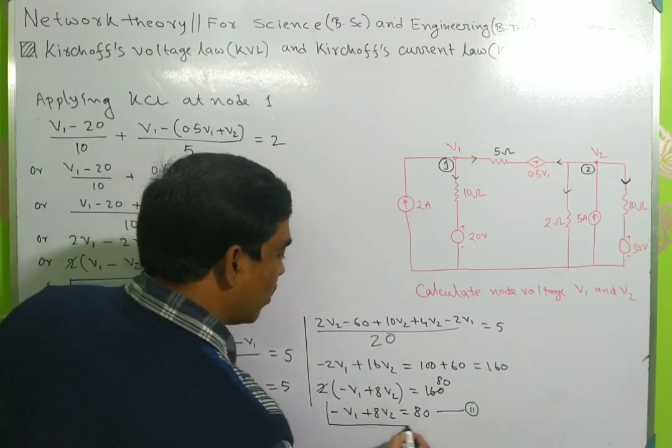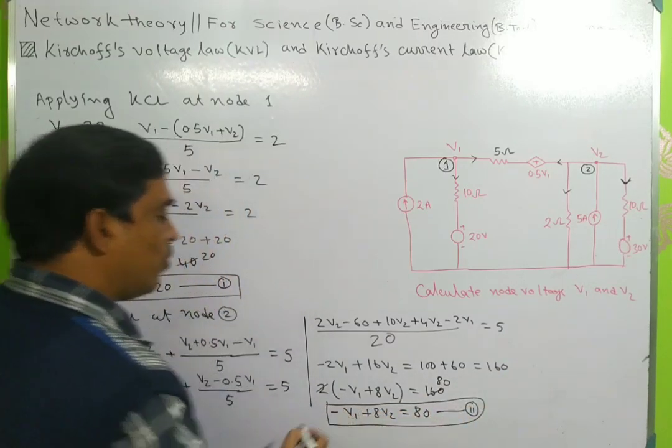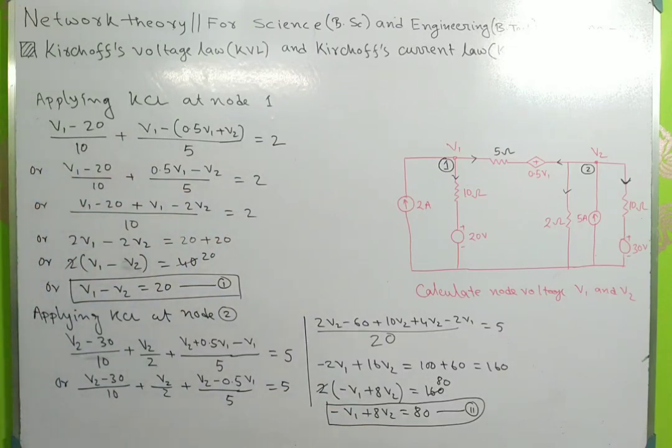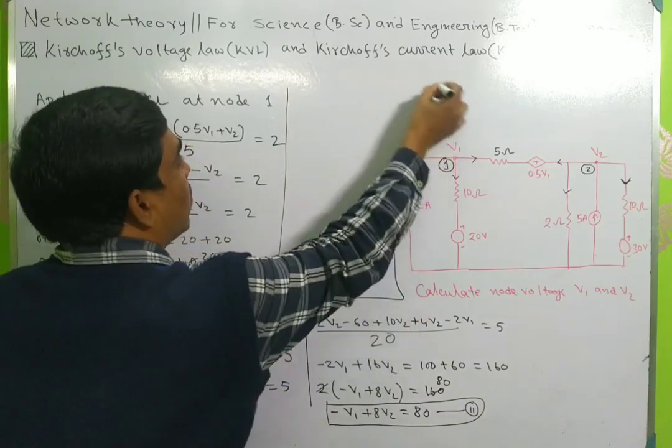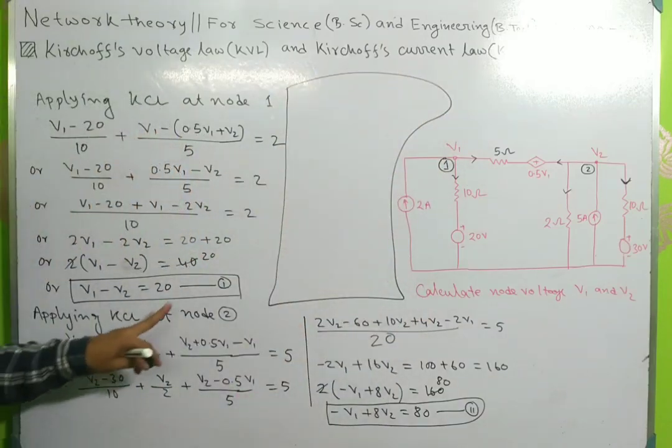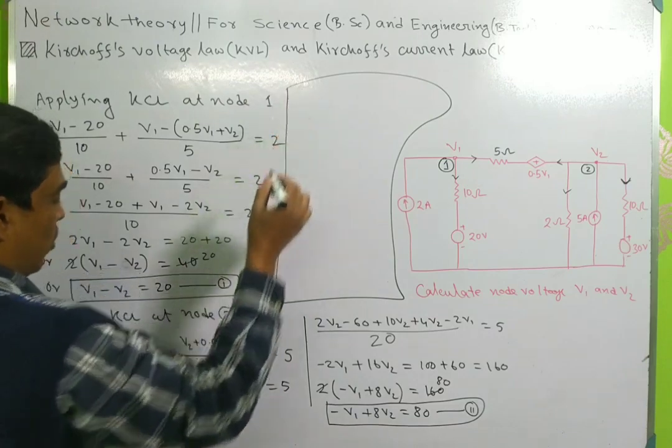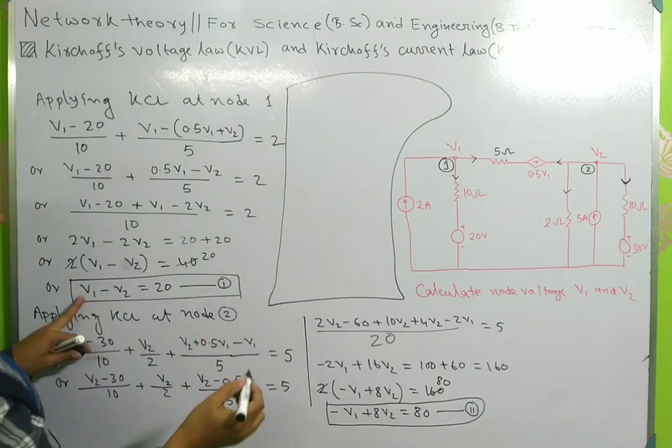Okay. If you solve these 2 equations, then you can easily calculate the values of V1 and V2. So if I solve these 2 equations, 1 and 2, simply add them.